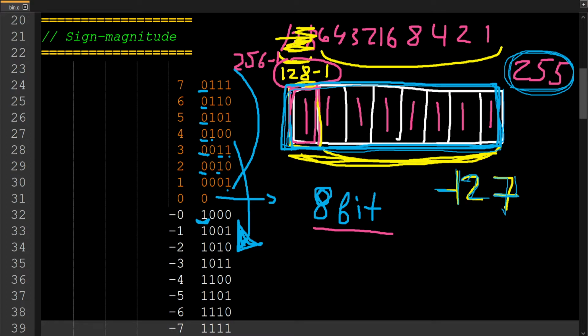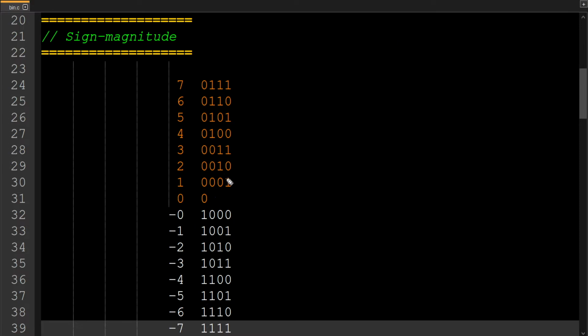Yeah, and it's signed magnitude. So it's the first way to write it. The thing is that you might notice that if we use such a way to represent numbers, we have two zeros. So we have this 0 and this 0.